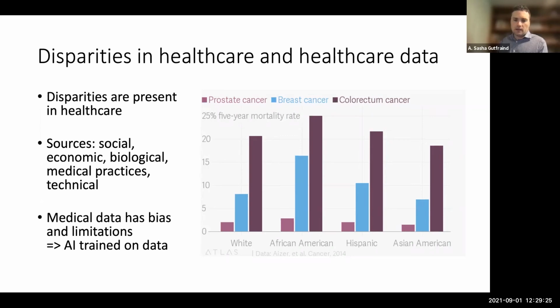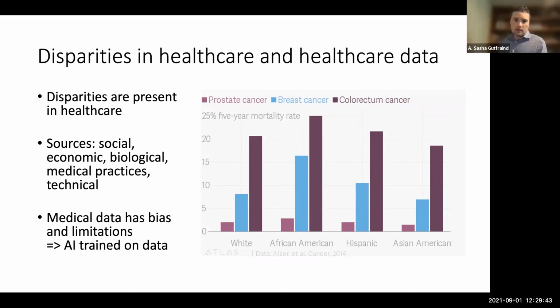This is data from the journal Cancer from 2014, comparing cancer mortality rate across different race groups in the US. You can see prostate cancer, breast cancer, and colorectal cancer.